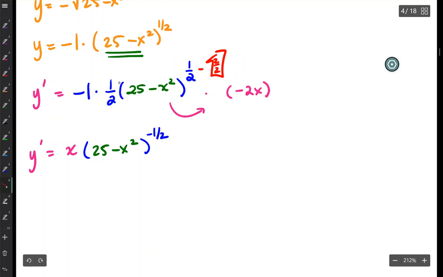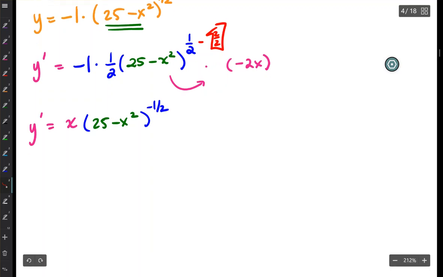Order doesn't matter in multiplication, and leading with the x is kind of nice. 1/2 minus 1 is 1/2 minus 2/2, which is minus 1/2.